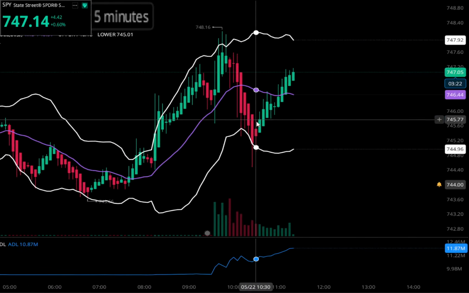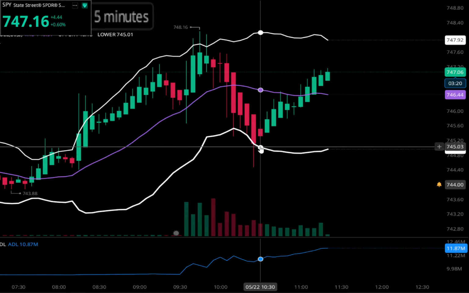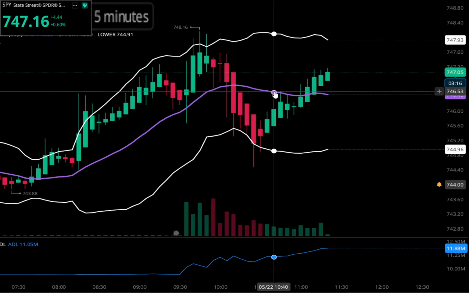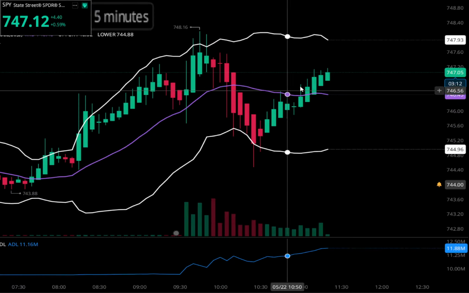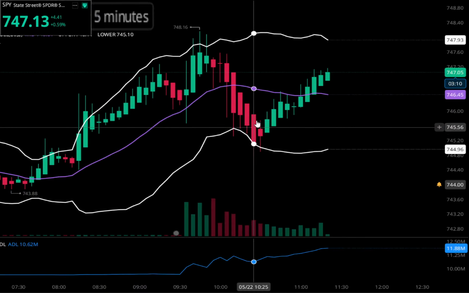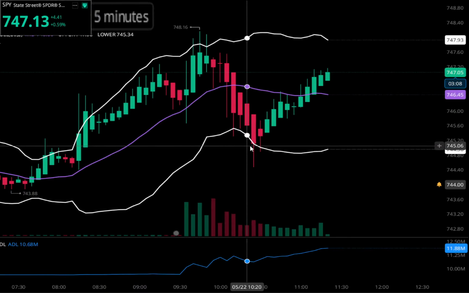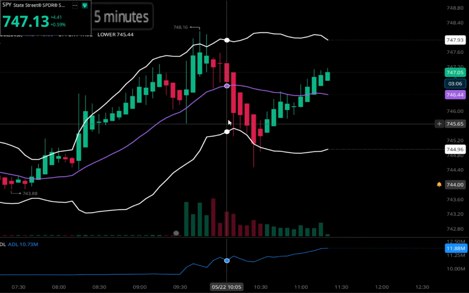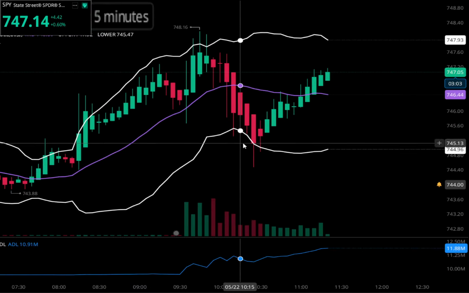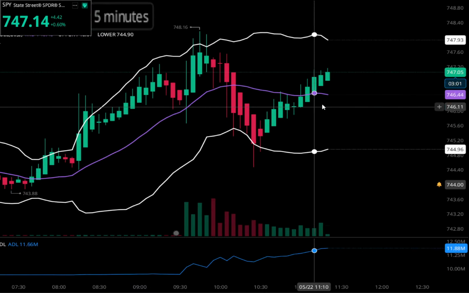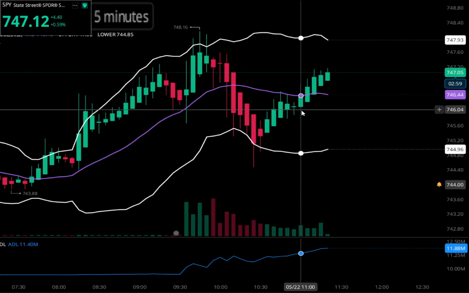Seeing how the lower Bollinger was at the 745, with the mid band being at the 746.53-ish, it was at 746.50 something at the time, so very close to that same level. But it's telling us that we can target that 746, 747 range on both ends.